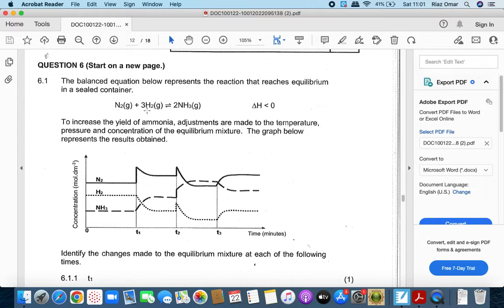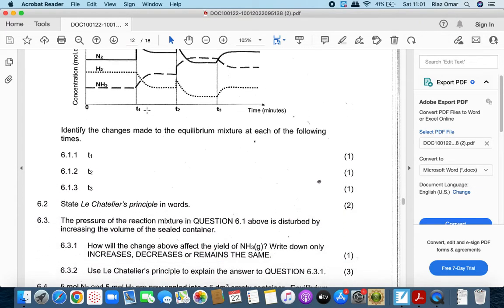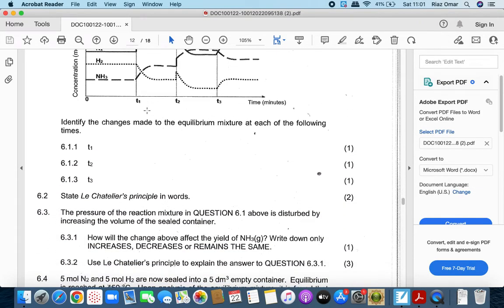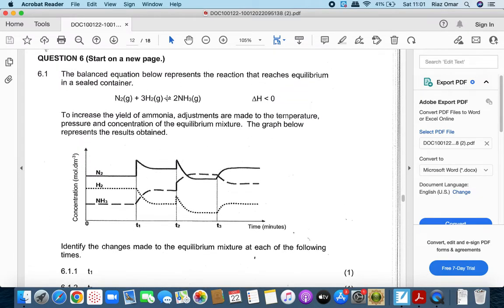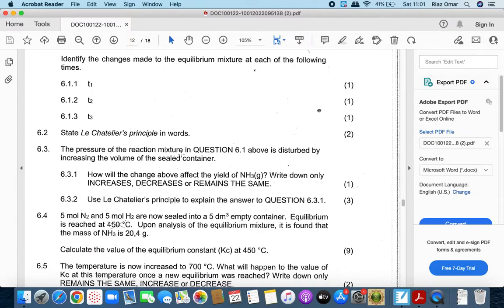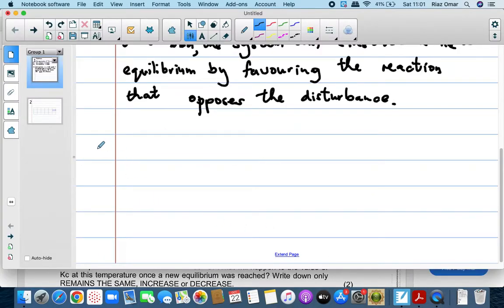The reaction that has the more number of moles. So how will the increase above affect the yield of NH3? The reverse reaction is favored, so the NH3 will decrease. 6.3.1. The yield of ammonia will decrease.